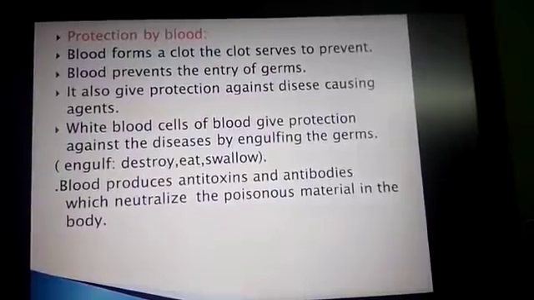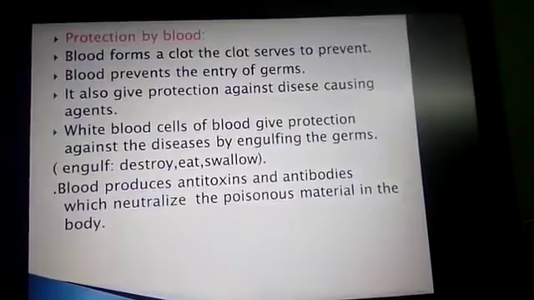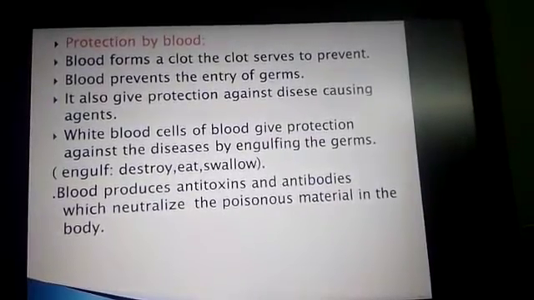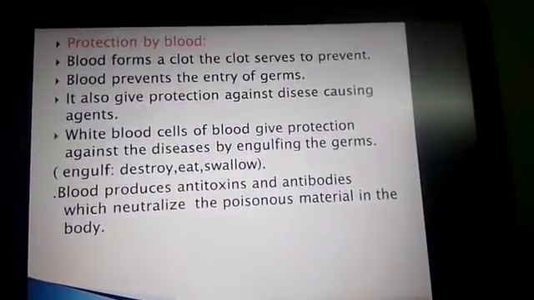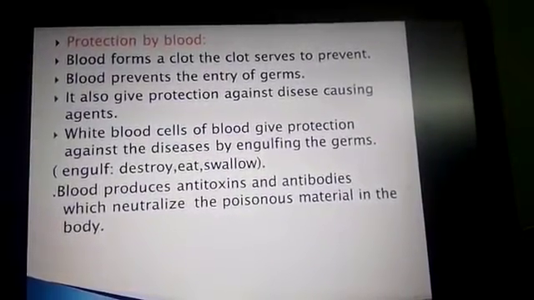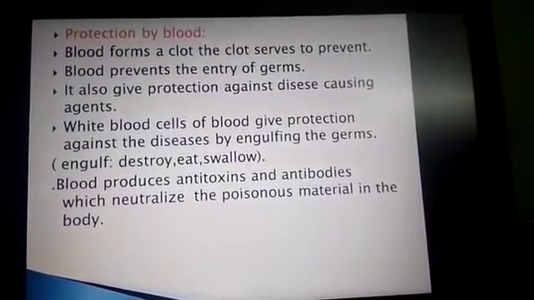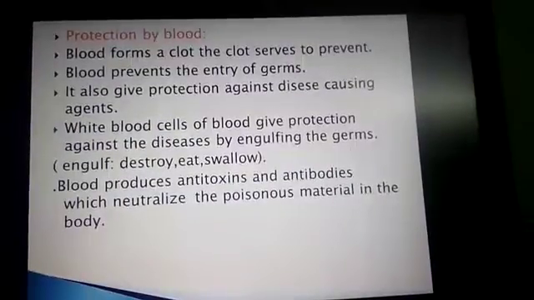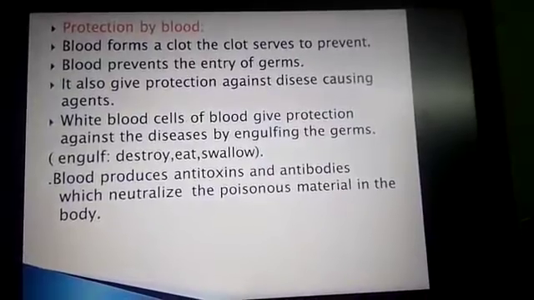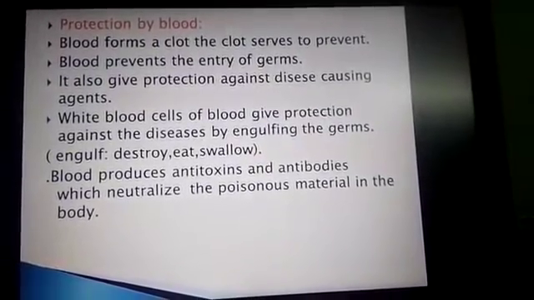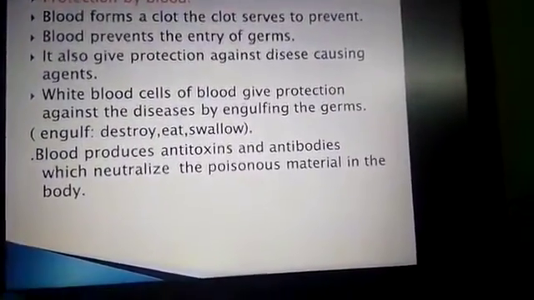Blood prevents the entry of germs because it contains blood cells, lymphocytes, which fight against germs. It also gives protection against disease-causing agents like bacteria and viruses. That is why we should eat nutritional food, so that we get nutrition and the blood will have the capacity to fight against diseases.